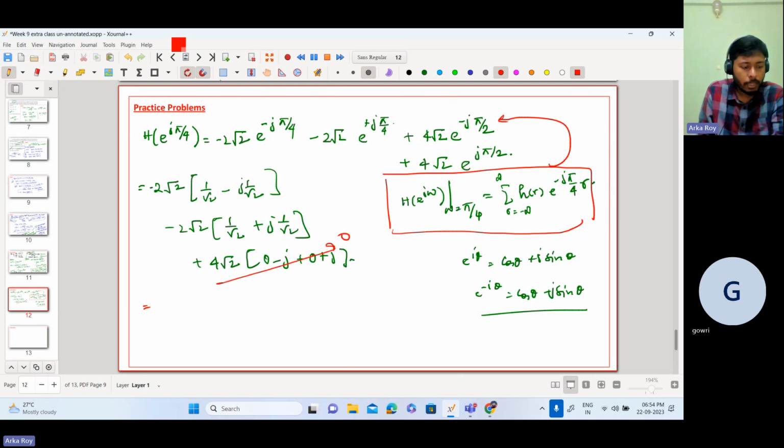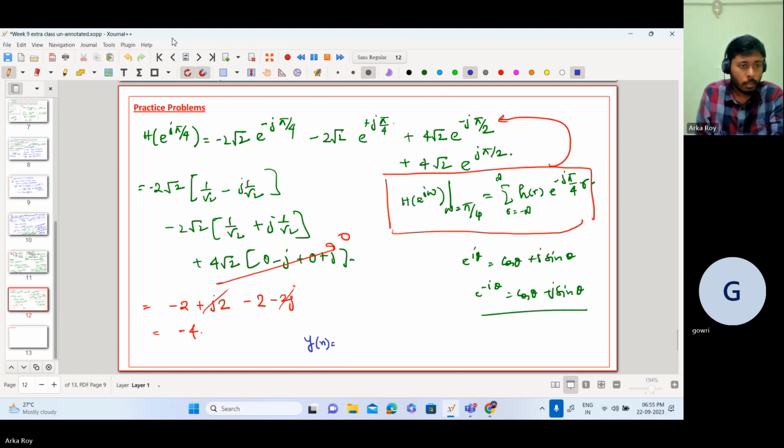Then if I take the second component over here, it will give me minus 2, and then the components will cancel, and then it will give me plus 2 minus 2 minus 2j over here. These two again cancel each other, so the output is minus 4. So the DTFT output is minus 4. Now we can finally write the output y n.